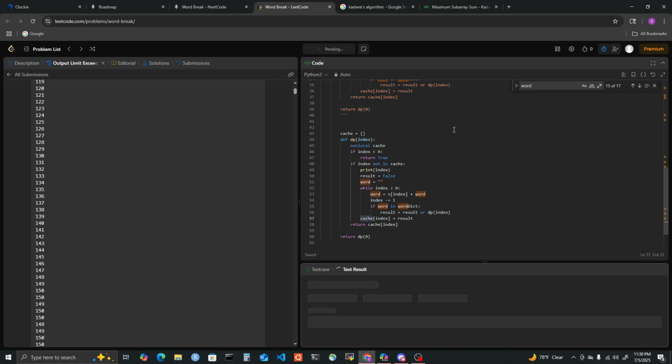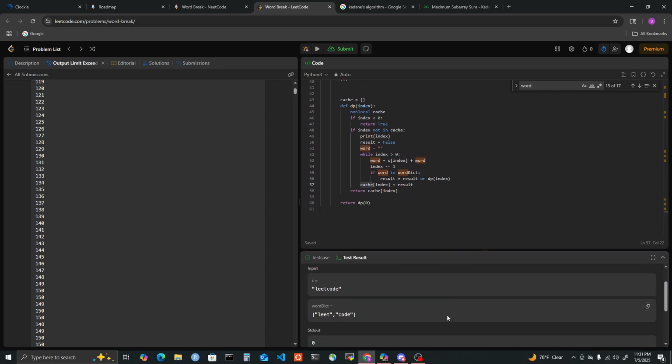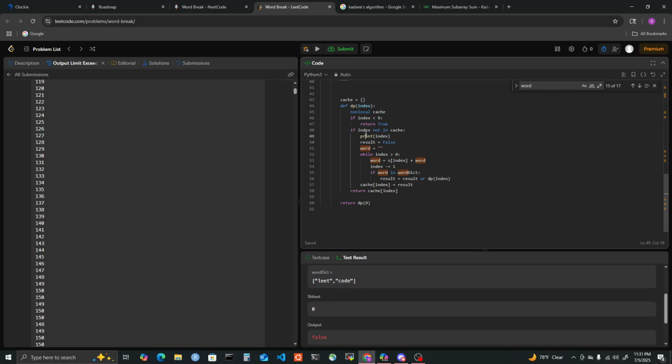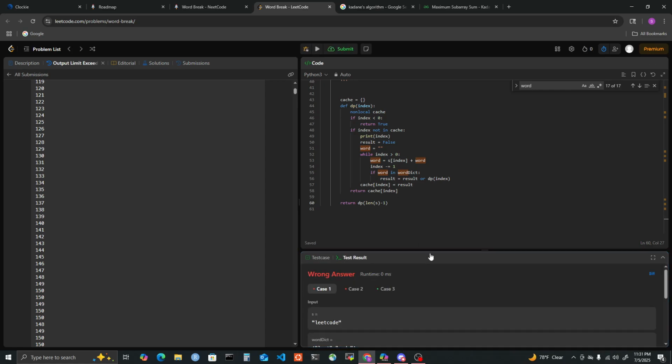Alright, let's try that. I don't know if that's a proper augmentation. Nope, it is definitely not. Oh my god. Yes. Alright, still doesn't work.